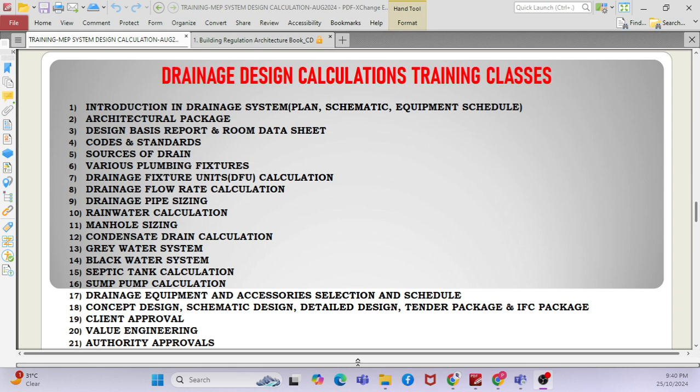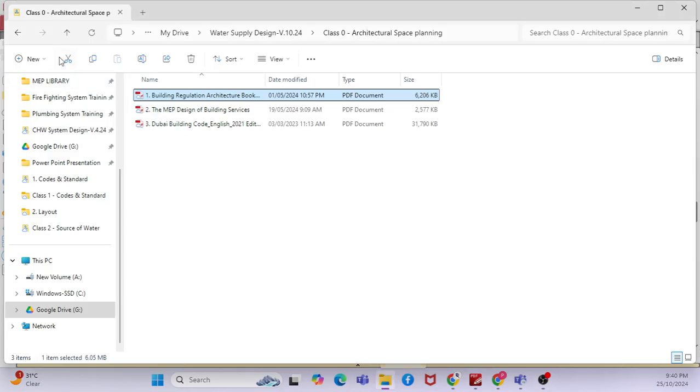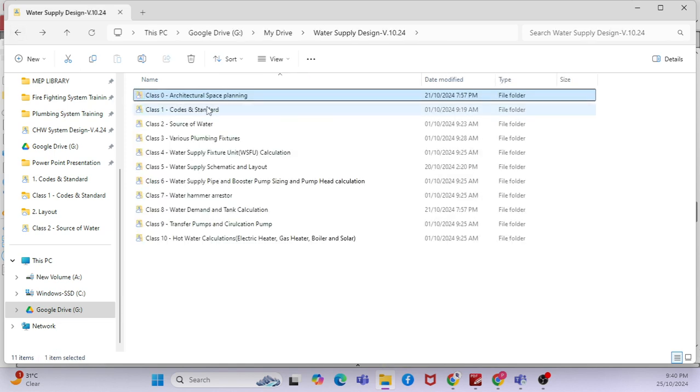If you go through the folder, there is architectural, space planning, codes and standards, source of water, various plumbing fixtures, water supply calculations, schematic diagram, water pump, water supply pipe size, booster pump sizing, water hammer arrestor, water demand and tank calculation, transfer pump and circulation pump, and hot water calculations. All are already provided in the water supply design folder. You can start one by one to understand the things.